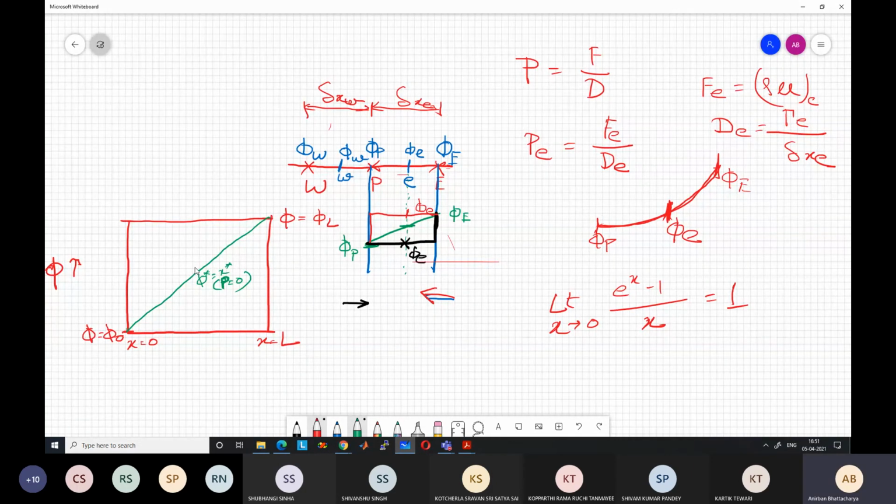I want some answers. What is the convective strength and what is the diffusive strength here for this green line?